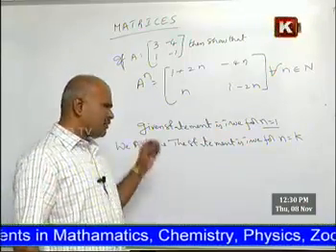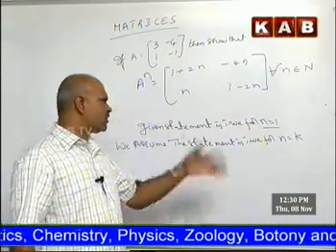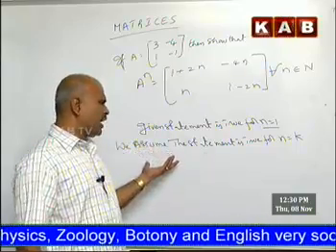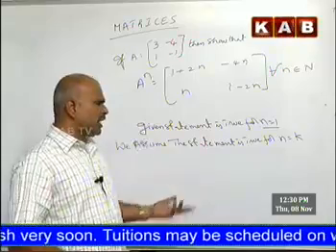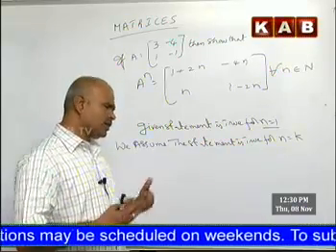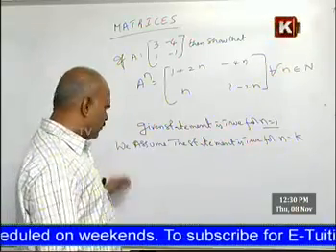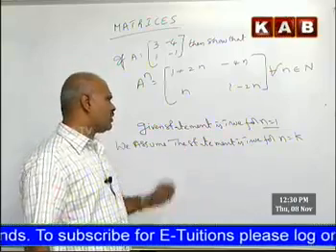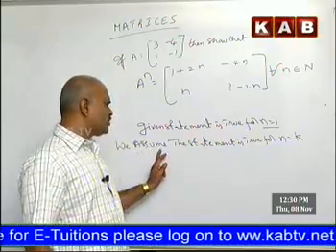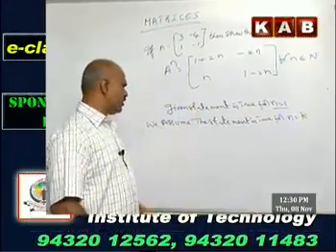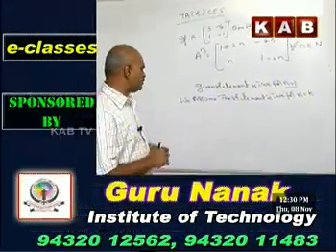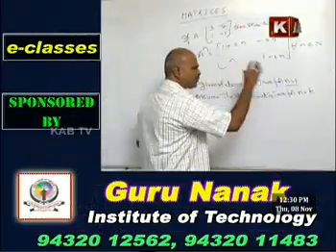Whenever you require, you write the statement like this: we assume that. Whether they know mathematical induction or not, it's not the question; you have to focus on that. So we assume the statement is true for n is equal to k. We assumed it and we are proving it.